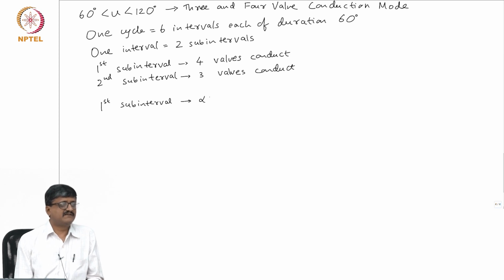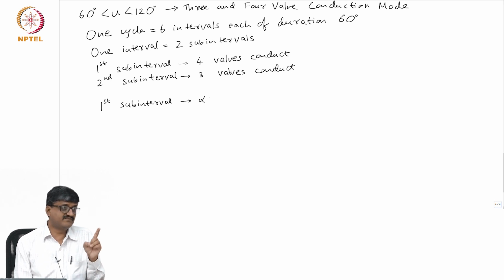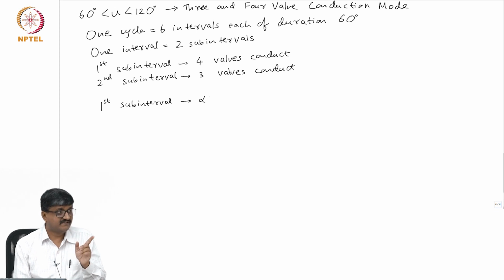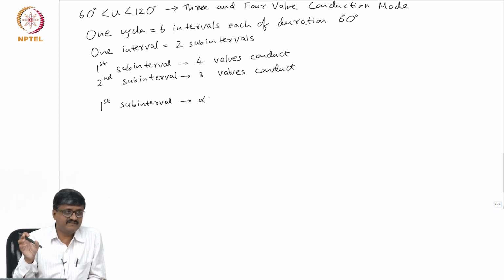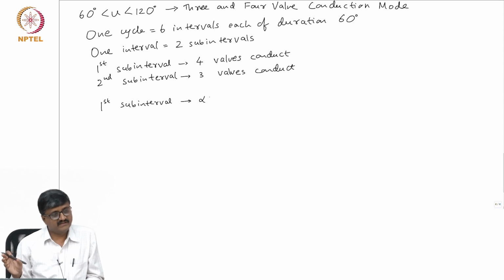We have actually defined EA, EB, EC such that valve 3 is always turned on at alpha. Please note that this is coming from the definition. Say we gave some phase angles for EA, EB, EC: 150 degrees, 30 degrees and minus 90. Based on that, we see that valve 3 is turned on at alpha.